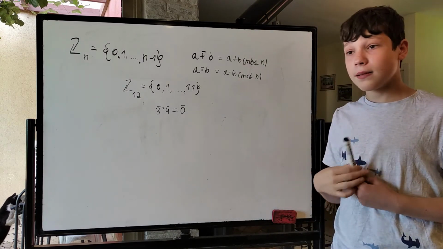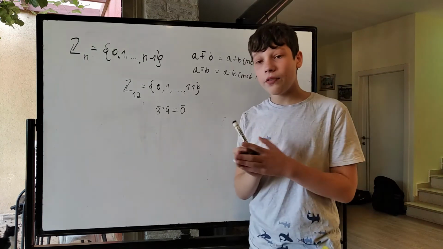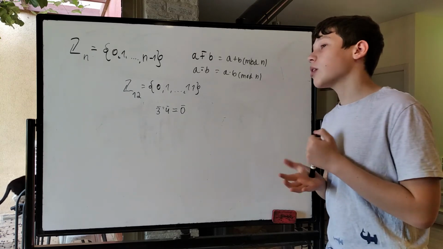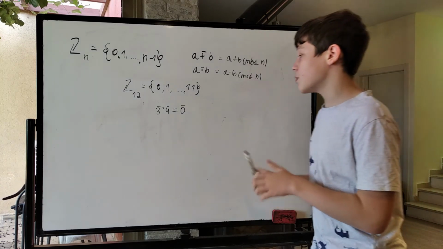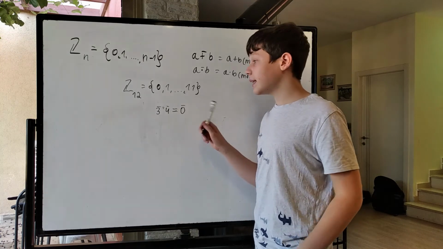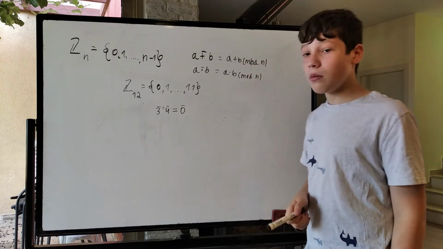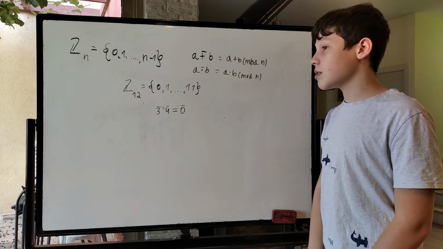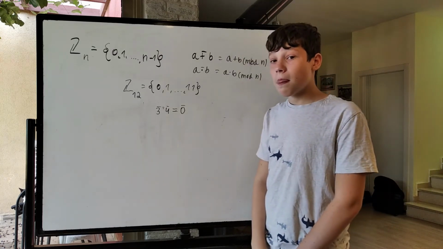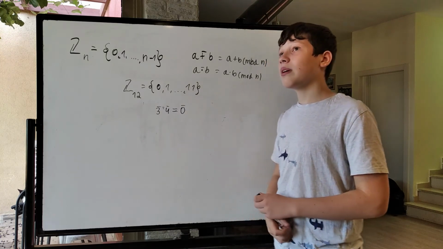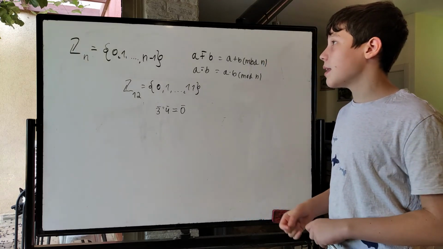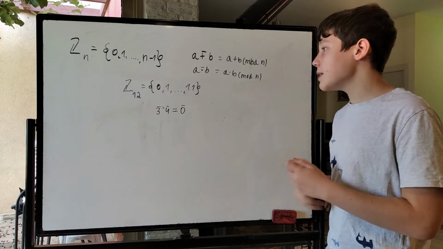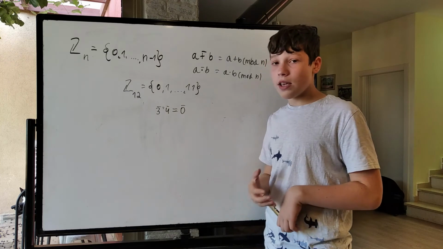The answer is yes, because we've proved that for any field, if you have a product of two numbers in the field that gives you the 0, that means that at least one of them has to be 0. But in this case, they both aren't 0. 3 isn't 0 and 4 isn't 0. And that means, it doesn't mean that we got a contradiction in mathematics. It means Z12 is not a field.